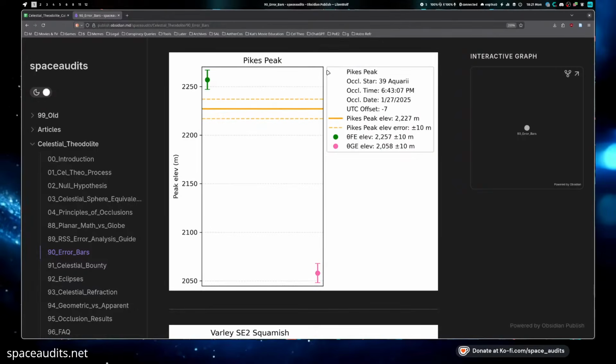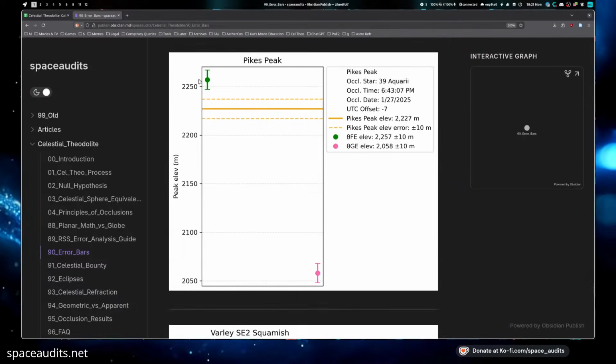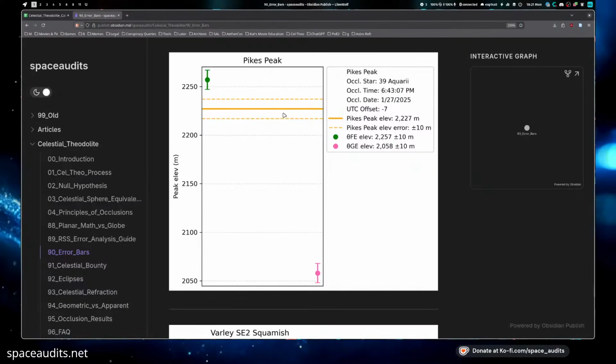And then for the distance as well, actually I think distance was first and then elevation here. You can see that we're closer in the elevation if you need a visual representation of what this spreadsheet is supposed to be showing you. This is a way that you could think about it, in terms of how close we are and how the globe is off of their mark for the known distance or elevation.